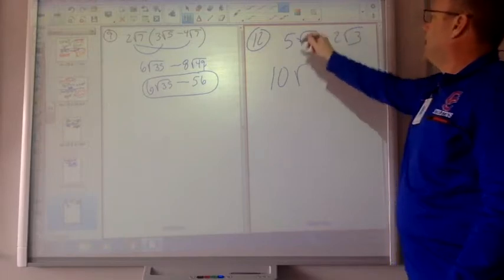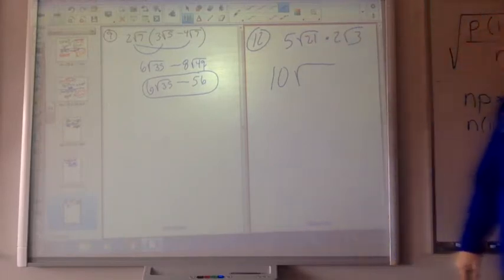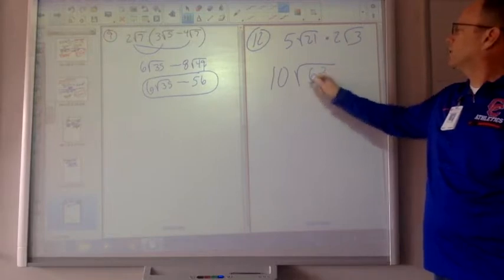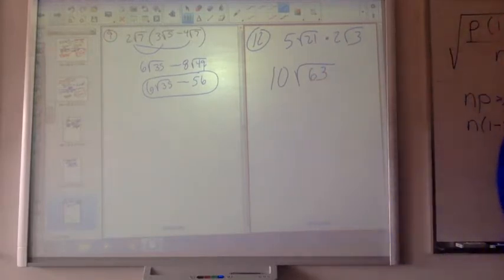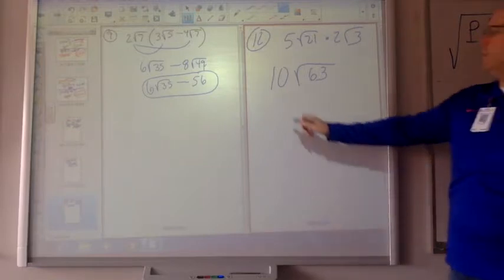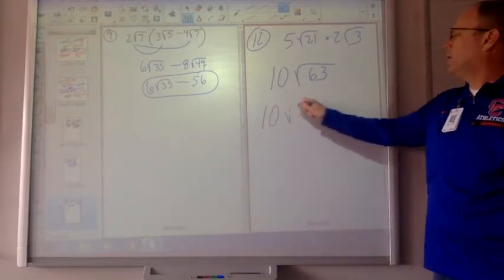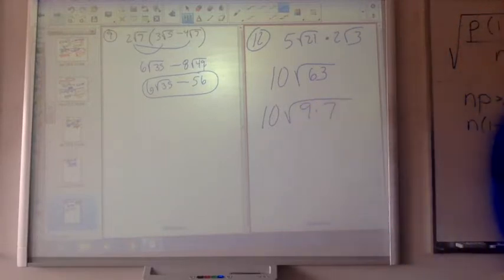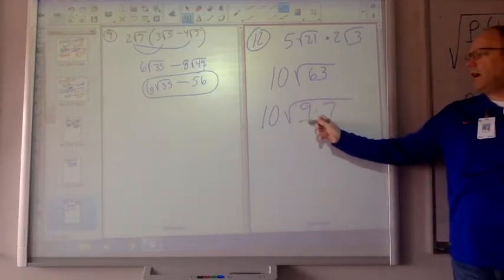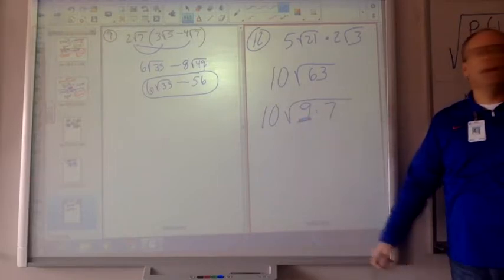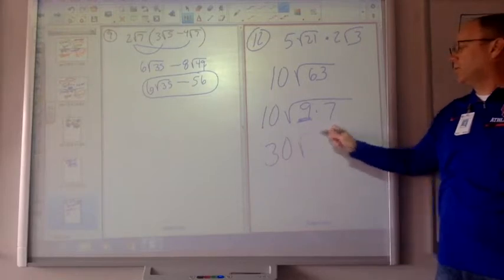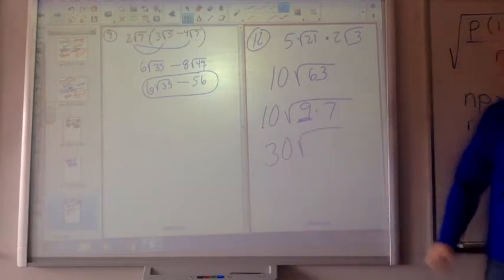And then 3 times 21 is 63. Is that okay? Everyone agree with how that math just took place? I know that 63 will break down to 9 times 7. And 9 is the largest perfect square that goes in there. So what's the square root of 9? 3. So 3 gets multiplied times the 10. So now I get 30 outside. What do I still have left inside? 7.